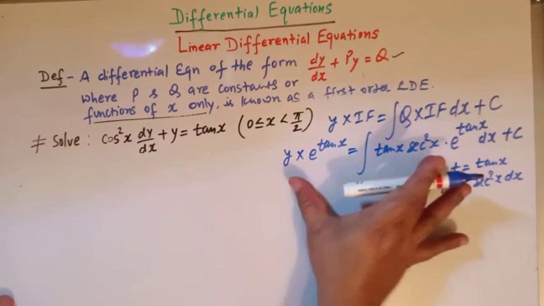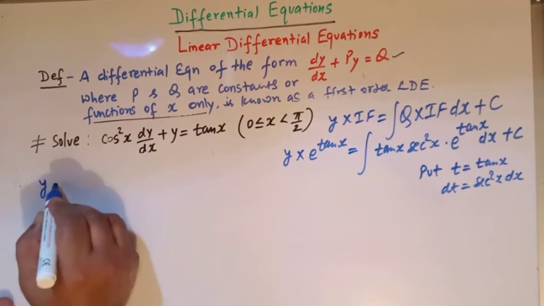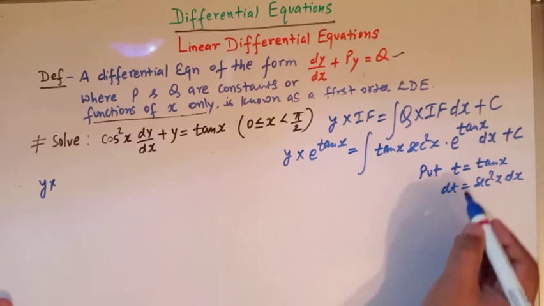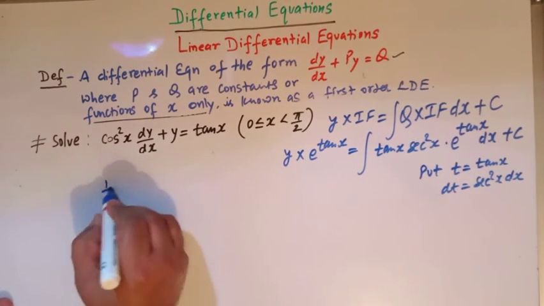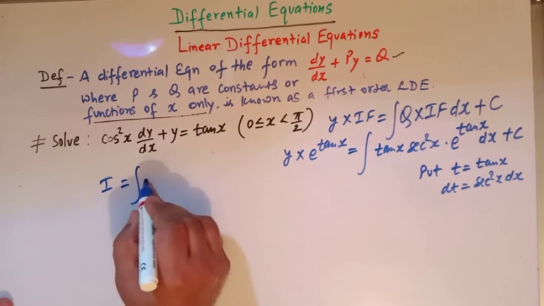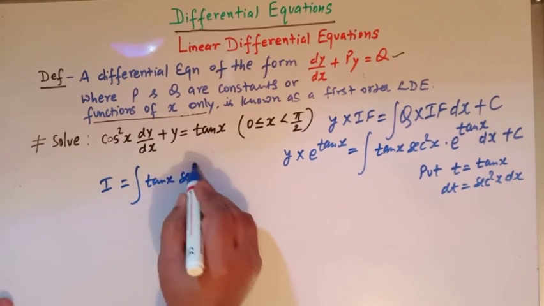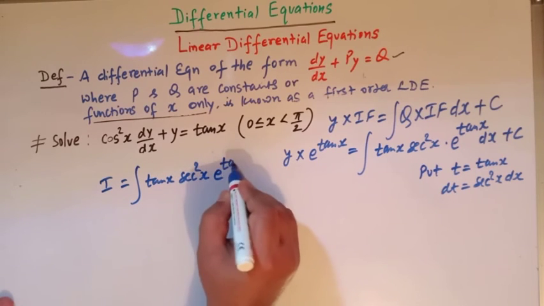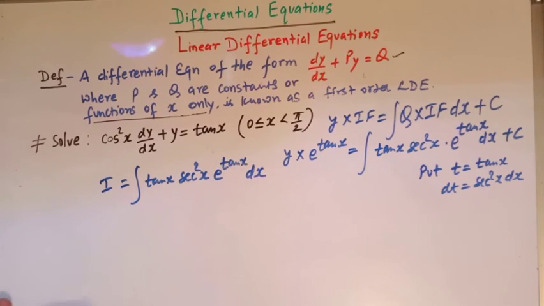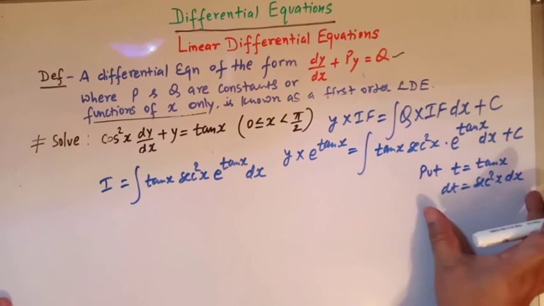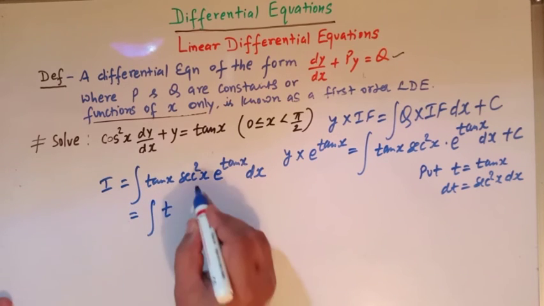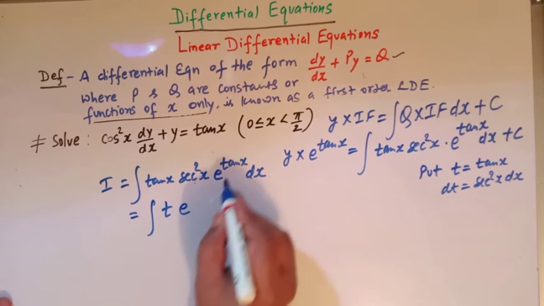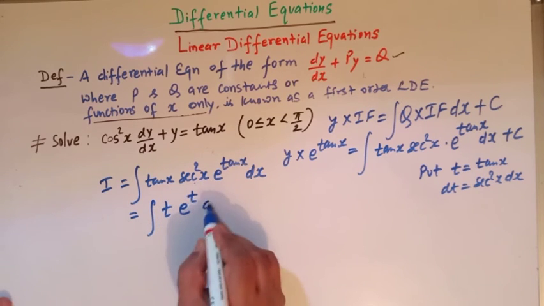So let this integral be I. Clear? And the integral is tan x sec square x e raised to tan x dx. Clear? And we make the substitution. So for tan x we have t, for sec square x dx we have dt, and we have e raised to t dt.